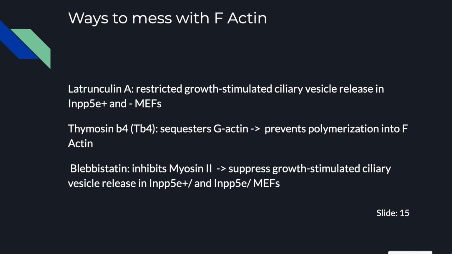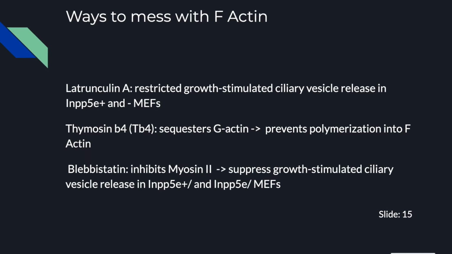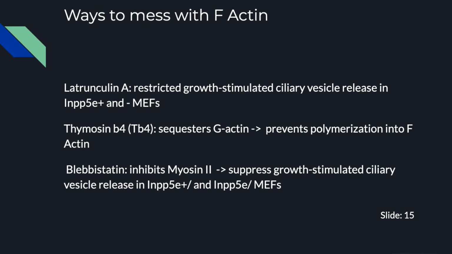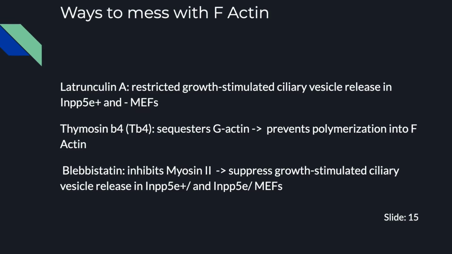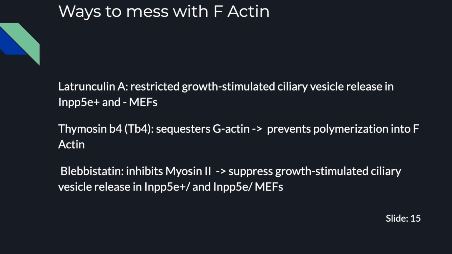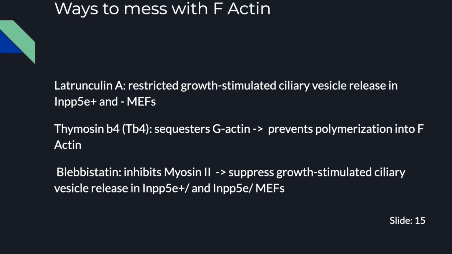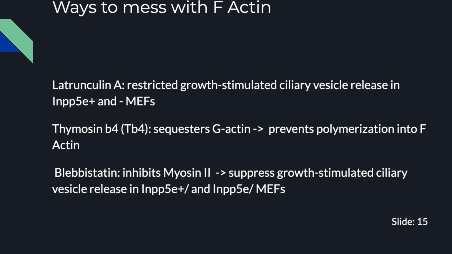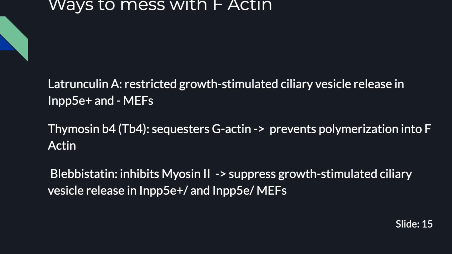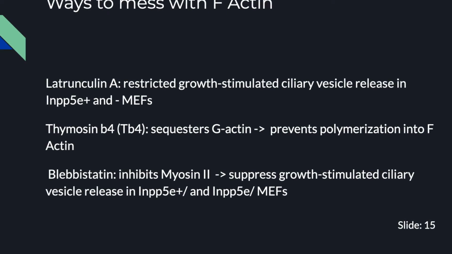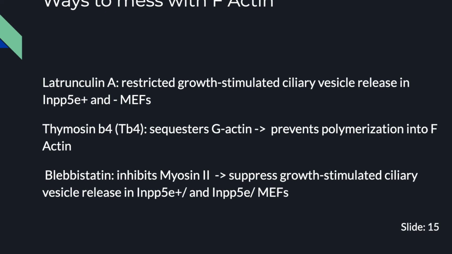Latrunculin A, which restricted growth-stimulated ciliary vesicle release in INPP5E positive and negative MEFs. Thymosin B4, which sequesters G-actin, which prevents polymerization into F-actin. And blebbistatin, which inhibits myosin 2 to suppress growth-stimulated ciliary vesicle release in INPP5E positive and negative MEFs.